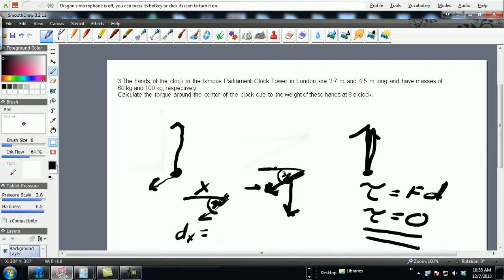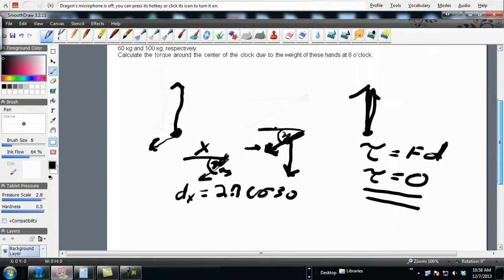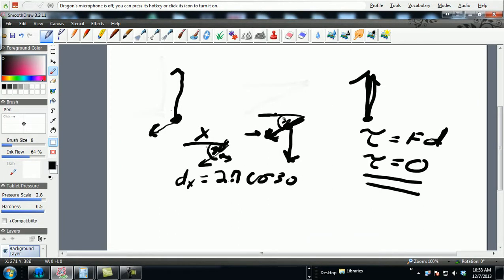We need this x component, so in this case the distance we need, dx, is going to be 2.7, because that's the length of the arm right here, times the cosine of 30, because you want the x component. So now let's take 2.7 times the cosine of 30.